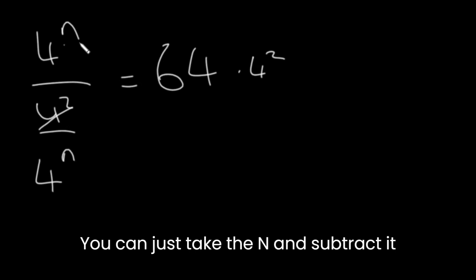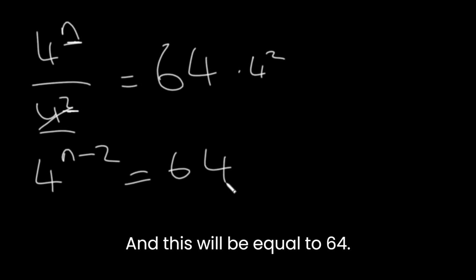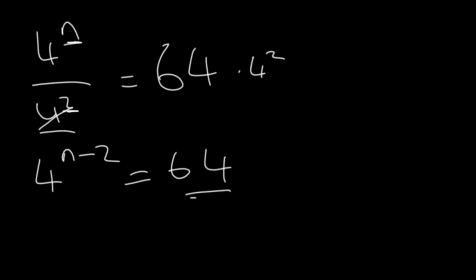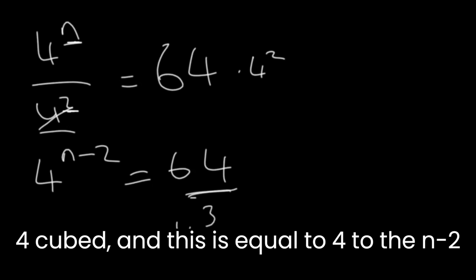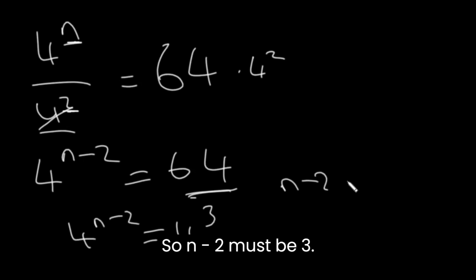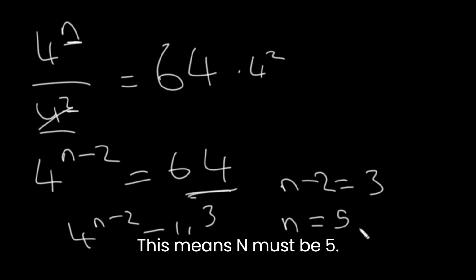You can just take the n and subtract it with the 2. So 4 to the n minus 2, and this will be equal to 64. Now you need to notice that 64 is 4 cubed, and this is equal to 4 to the n minus 2. So n minus 2 must be 3. This means n must be 5.